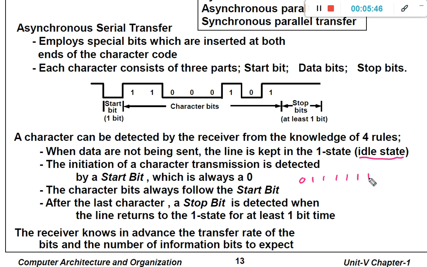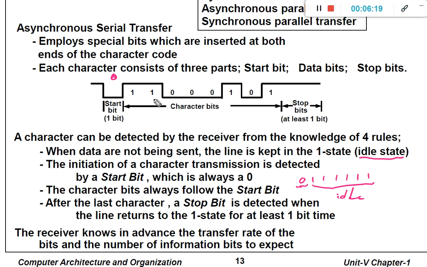Until this there will be the idle state. Whenever it receives 0, it recognizes that a character is being transmitted. In the third step, the character bits always follow the start bit. This is the start bit, and the start bit will always be 0.